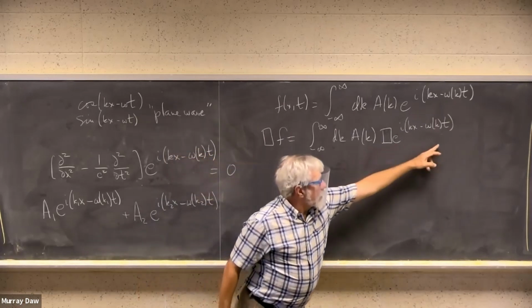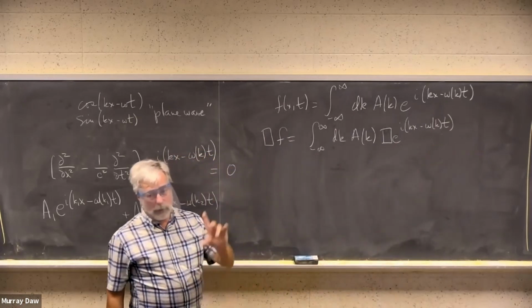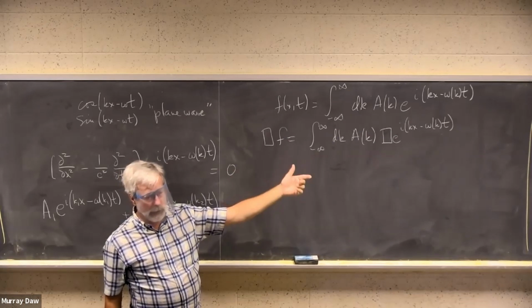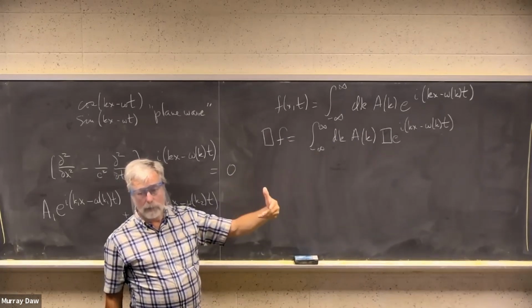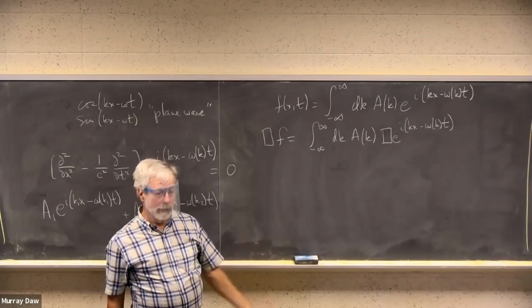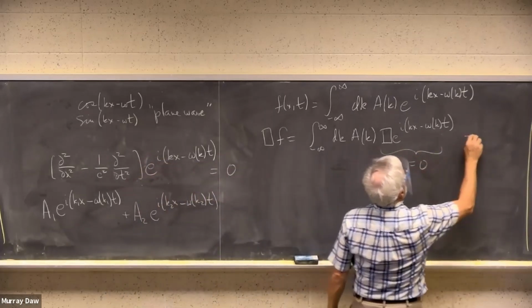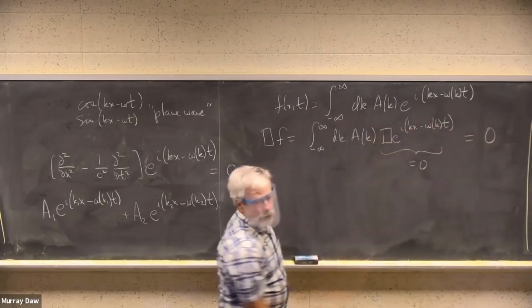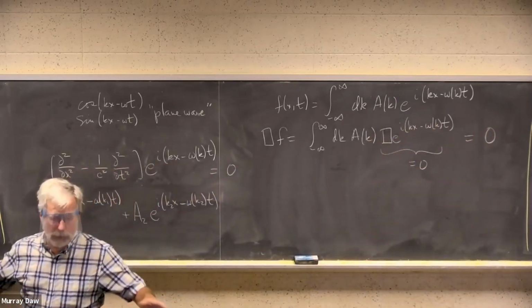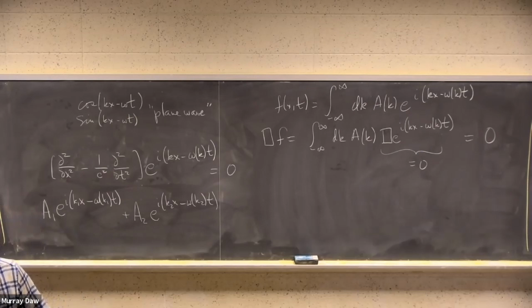And this we know gives 0 as long as omega has the right relationship to K, as long as it satisfies the dispersion relation for that wave equation. So this is equal to 0, so the whole thing is equal to 0. So this is a solution formed by superimposing a bunch of plane waves.